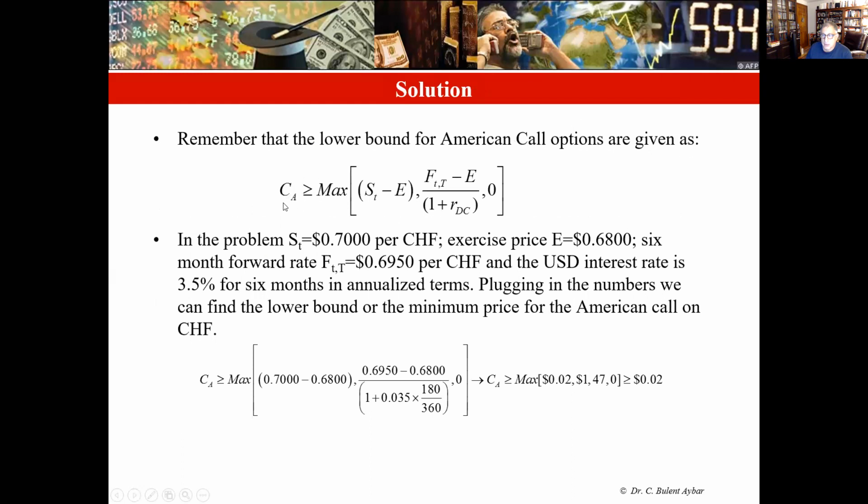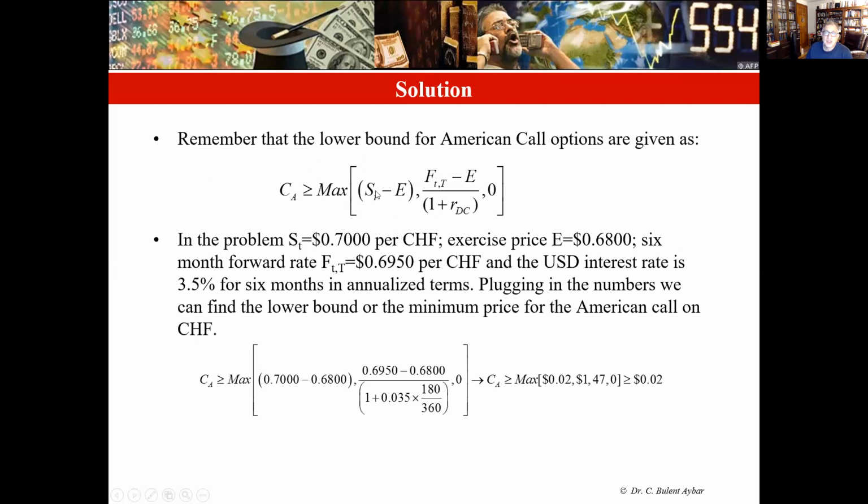The lower bound for the American call option is given as the maximum of the intrinsic value, or the present value of the difference between the forward rate and the exercise price, or zero. The lower bound, meaning the minimum price that we would pay for an American call option, should be larger than one of those three.